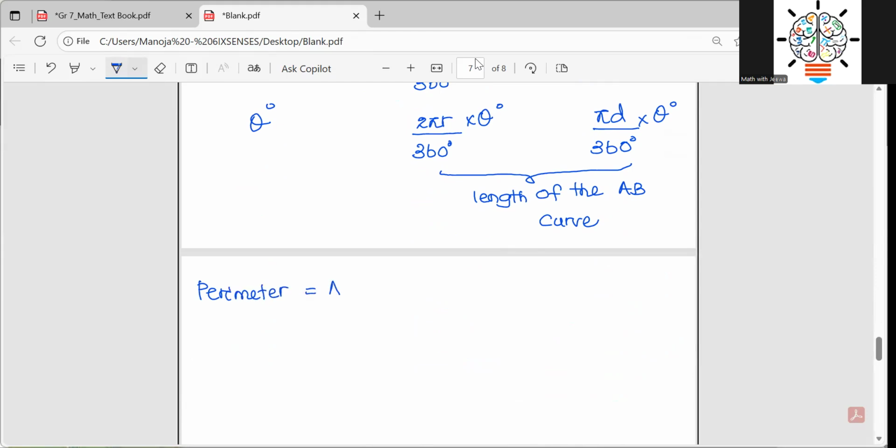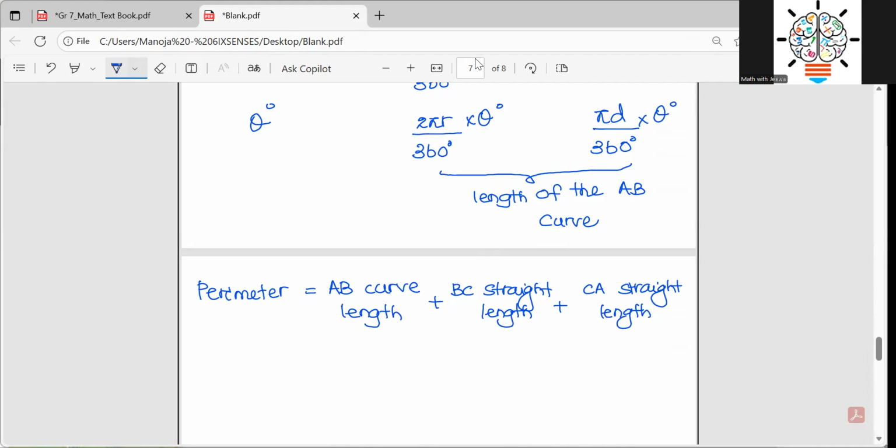So that is the AB curve length, and then the BC straight length, and we have CA straight length.